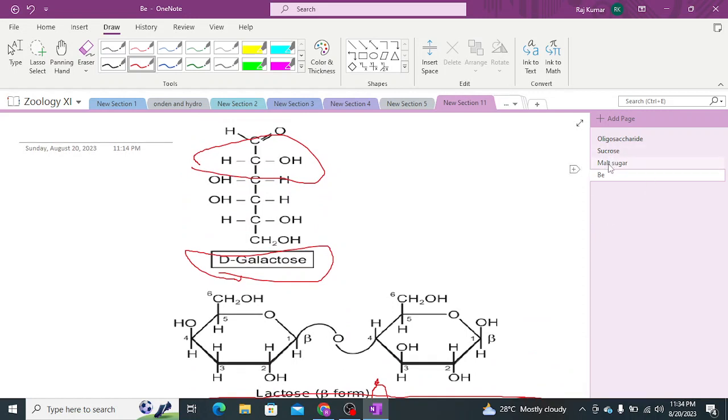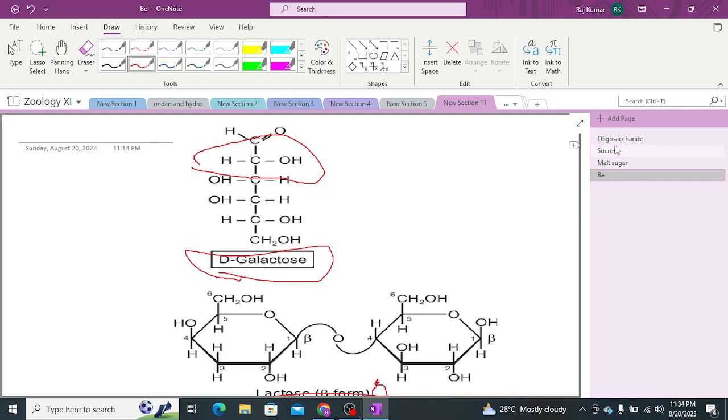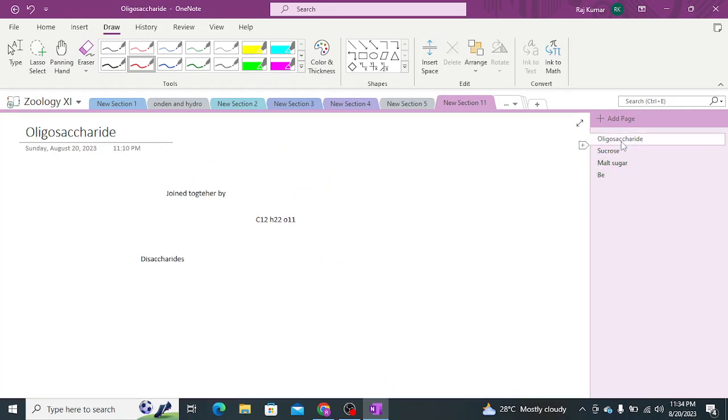And the source of lactose: the source of lactose is milk.